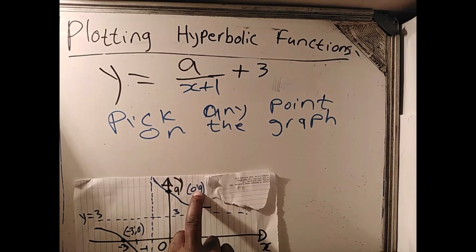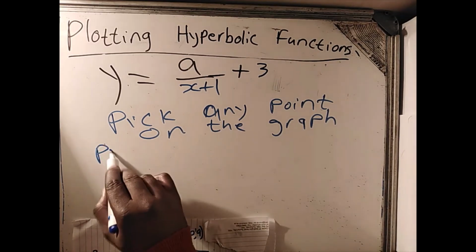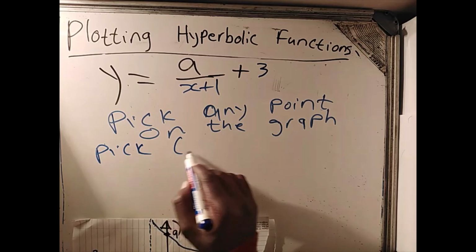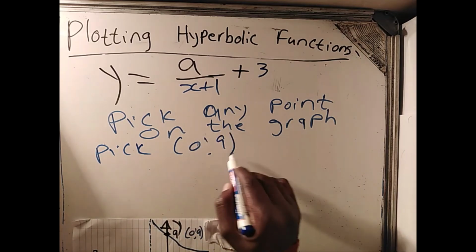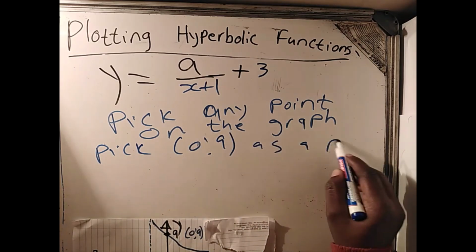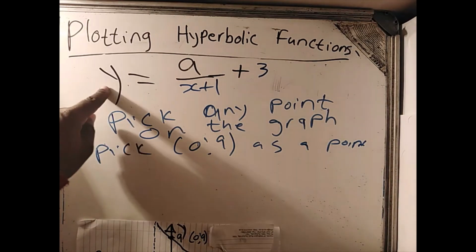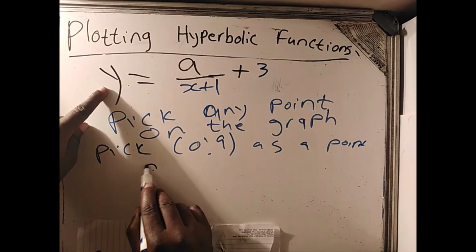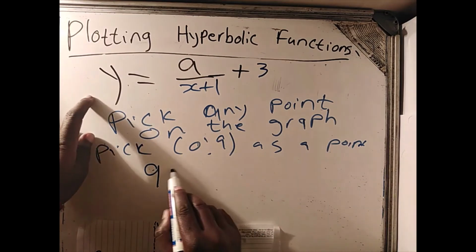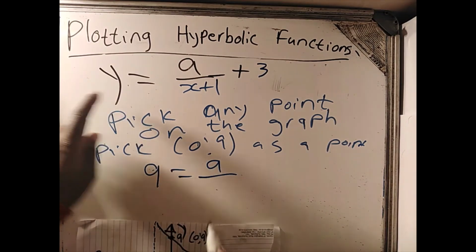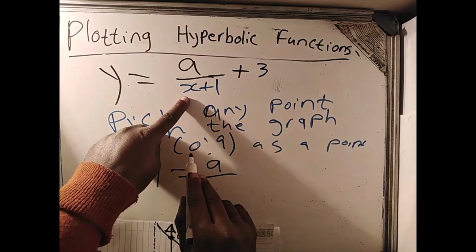x is 0 and y is 9. So pick (0, 9) as a point. And then what you do is, in place of y, you put 9, and then a is equal to, in place of x, you put 0.